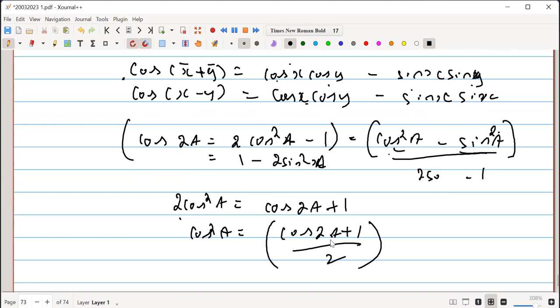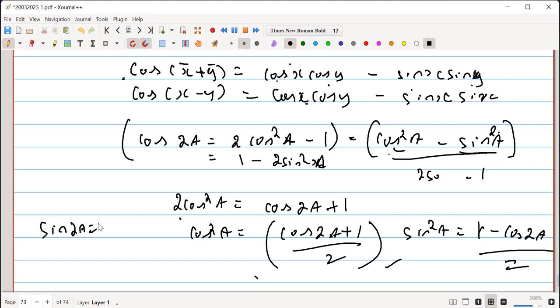Likewise, sin squared a equals 1 minus cos 2a divided by 2.